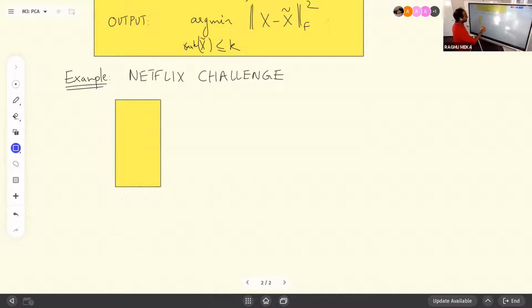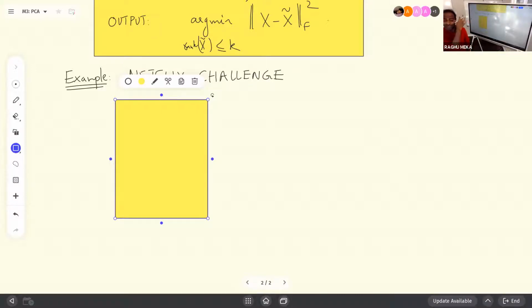Netflix did this curious experiment, but it was quite influential in how data mining took up this challenge and developed methods. They said, we are releasing this data set of 500k users, and they picked some 17k movies.